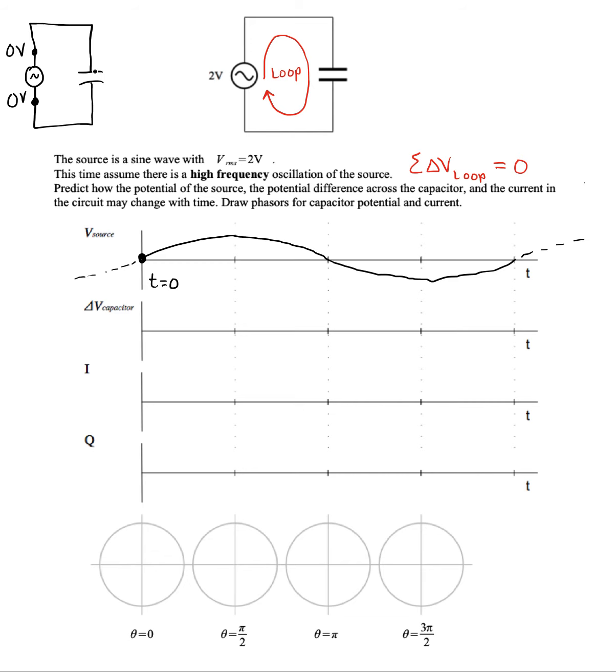In order for Kirchhoff's loop law to be satisfied, we have to have the sum of the potential changes be 0 in the entire loop. So there's no way that there can be any potential difference across that capacitor at t equals 0. So the voltage on our capacitor is also 0 at that time.